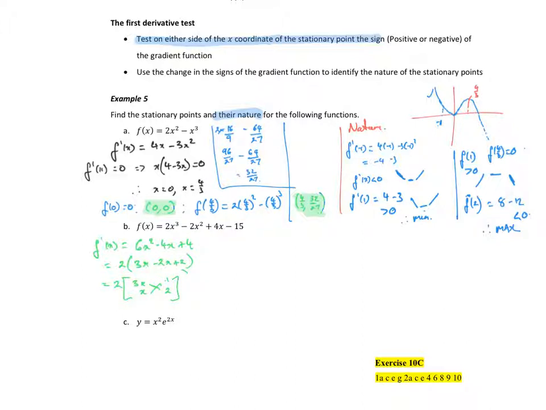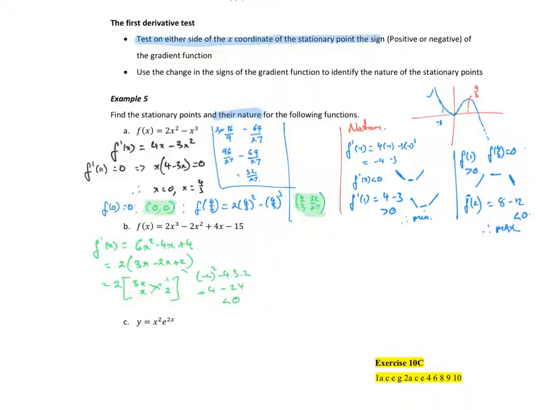So b squared is negative 2 squared minus 4 times a times c, which is 4 minus 24, which is less than 0, isn't it? So it's negative, so there's no solutions. So in this particular case, our derivative doesn't equal 0. So there are no stationary points.